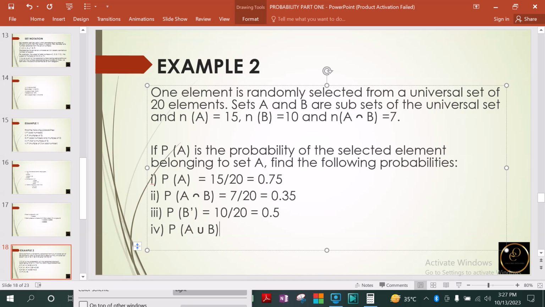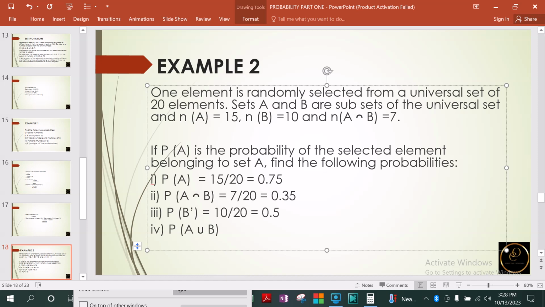That means outside there are 2. So A union B means that you have 8 in A and you have 10 in B. That's 18.